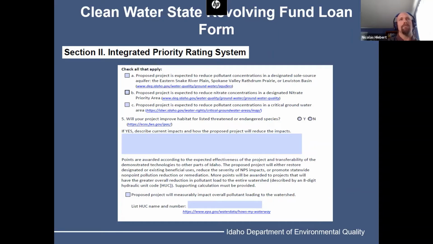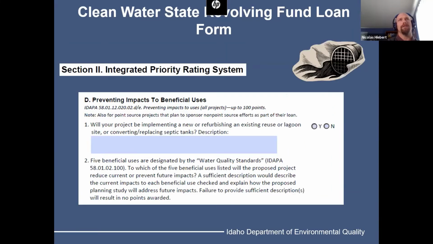So again, moving down to the next slide here. We're going to continue to dive into the details of some of these surface water, clean water questions. Again, you can see under item D the rule citation there for how we rank these questions up to 100 points.